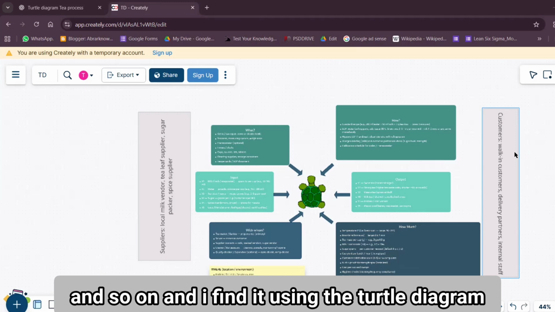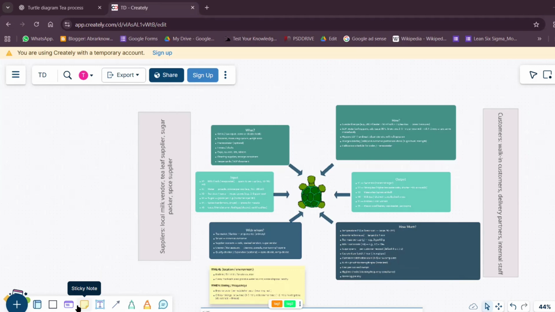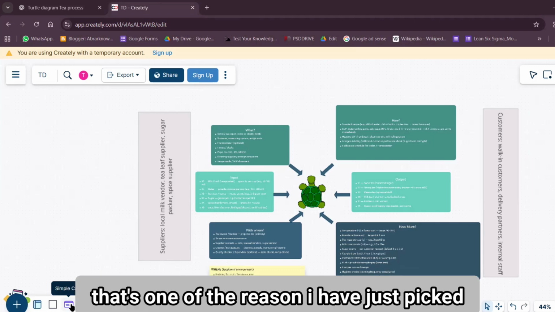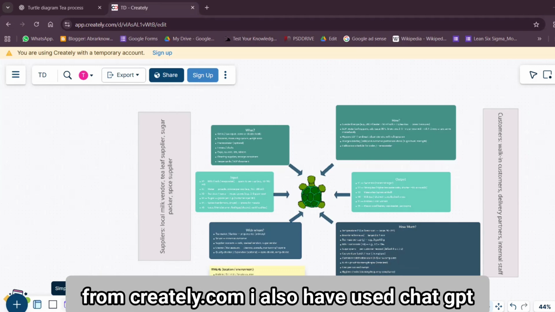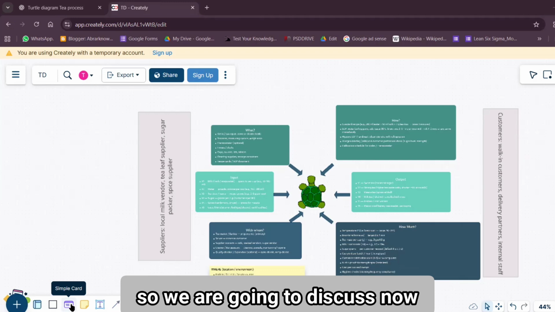I find it easy to pick a turtle diagram from here, so that's one of the reasons I picked creately.com. I also used ChatGPT to pick some notes on input, output, and so on. So we are going to discuss now.